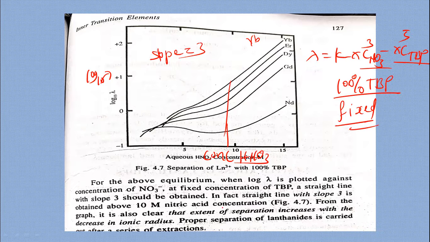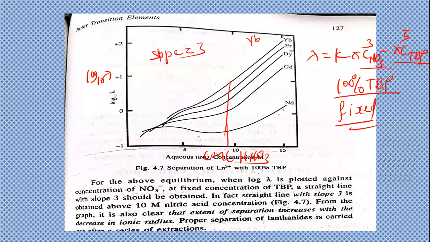From the graph, it is also clear that the extent of separation increases with decrease in ionic radius. Means the smaller lanthanide ions are having proper separation as compared to this.